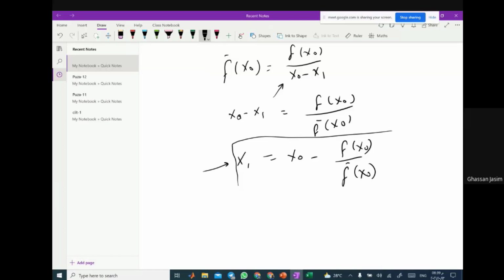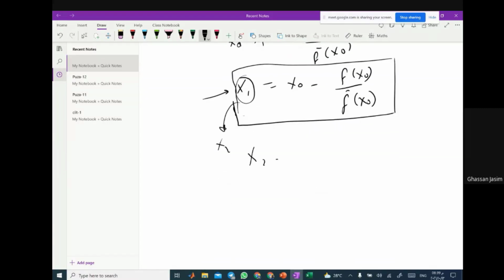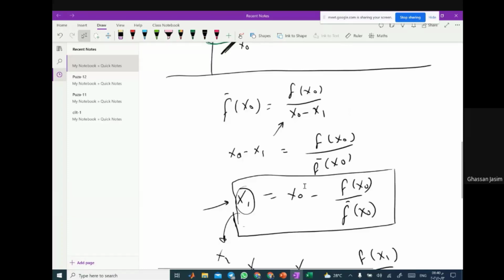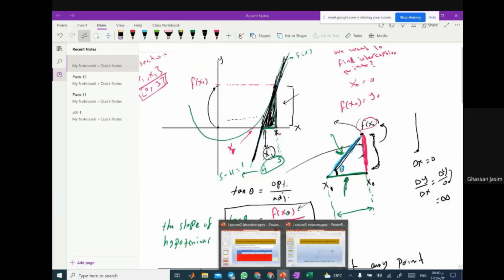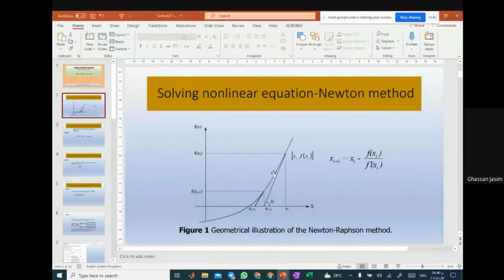This is my function. I will use it to find x1 and again repeat to find x2. That means x2 will be x1 minus f of x1 over f dash x1, and so on.